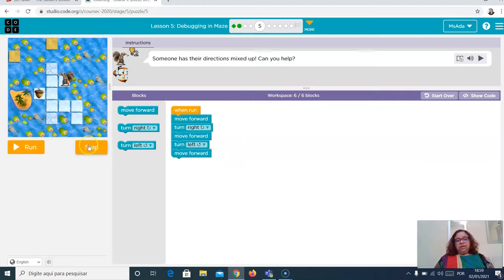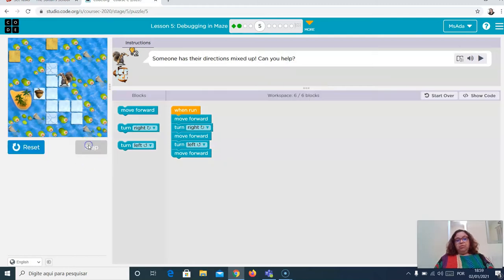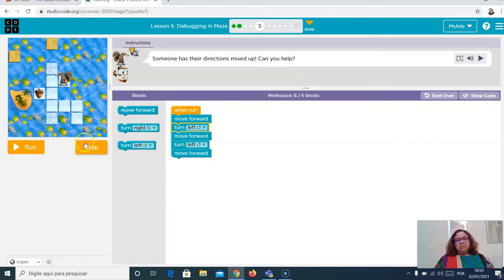But if I go step by step, look, move forward, turn right. Oh, and when it turns right, it's facing the ice. It's going to fall there. So I need to turn left, not right. I can click on this tiny little arrow, turn left, and then I'm going to reset and go again.